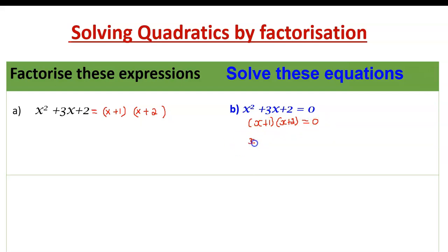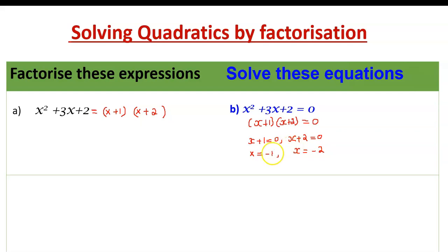That simply means either the first one must be 0, or the second one must be 0, or both of them must be 0. This is now a very simple linear equation. So the solution from this side is x equals minus 1, and the solution from this side is x equals minus 2. So we solve it.